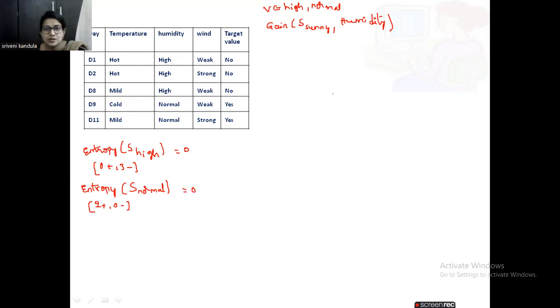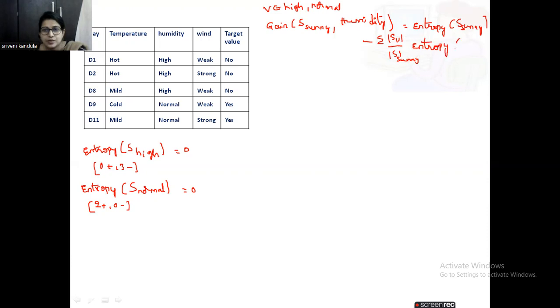So if you substitute in the gain formula, it is entropy of S sunny minus sigma mod SV by S, where S is S sunny, multiplied with entropy of SV.